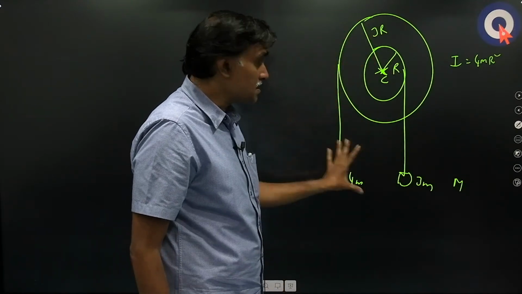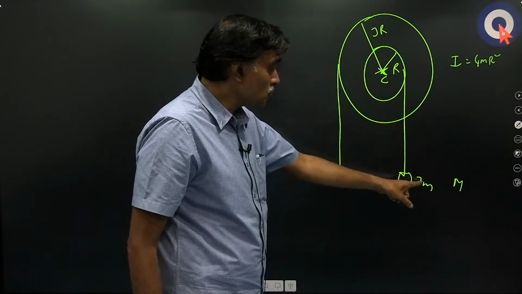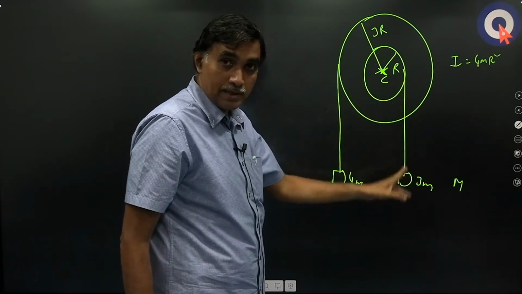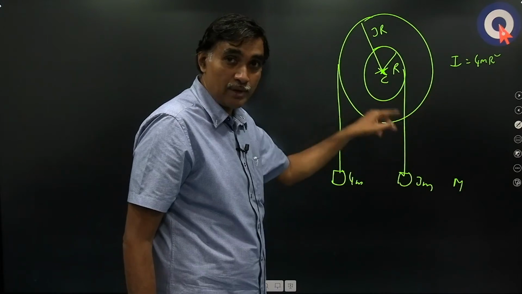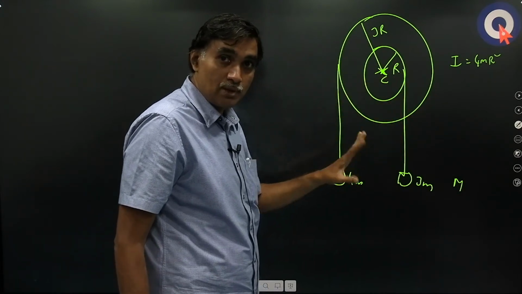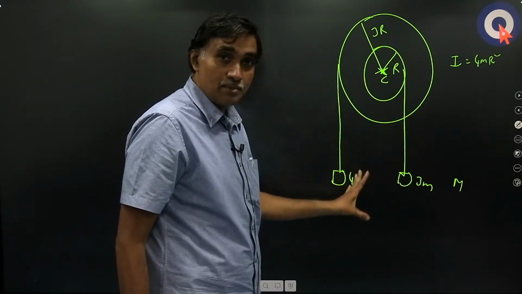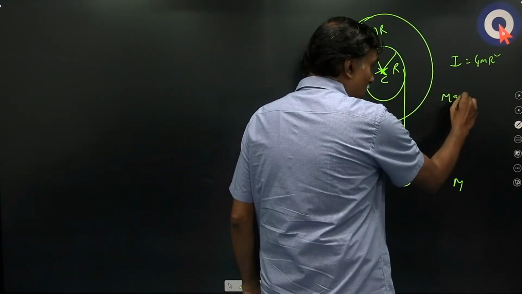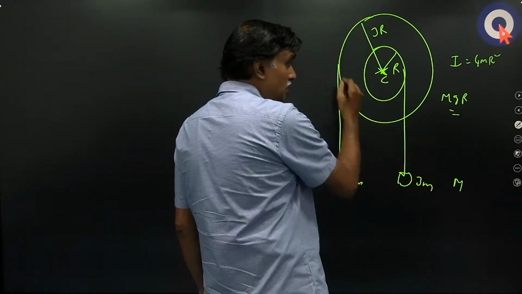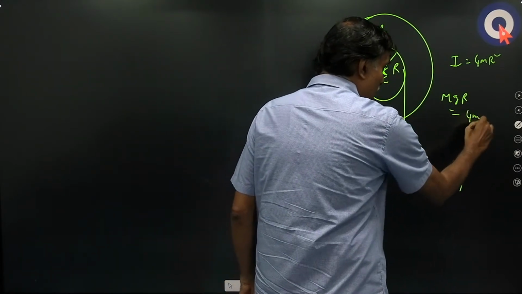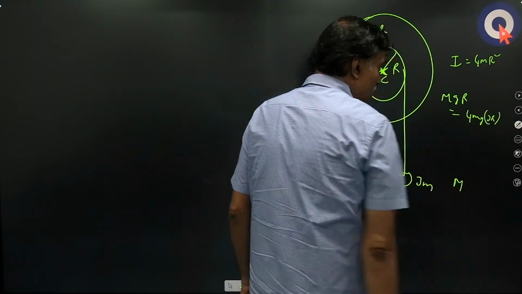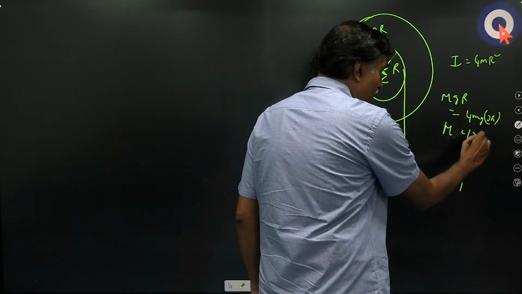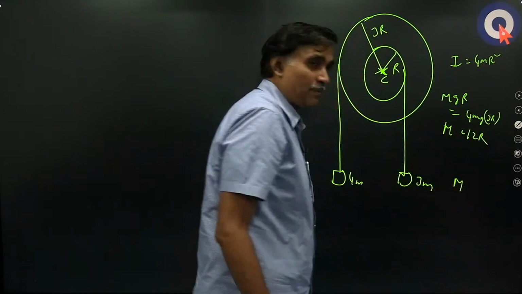When the gravitational force due to capital M produces a clockwise moment and this produces an anti-clockwise moment, and both balance, then the system is in equilibrium. Means capital Mg into r is equal to 4mg into 3r. Then the system is in equilibrium, means capital M equals 12m.